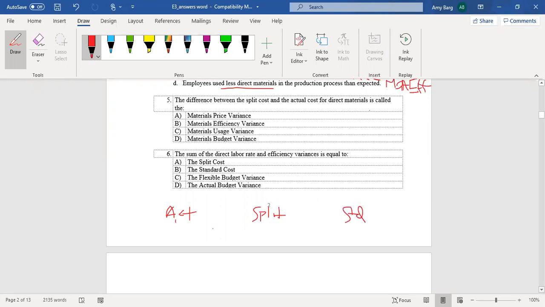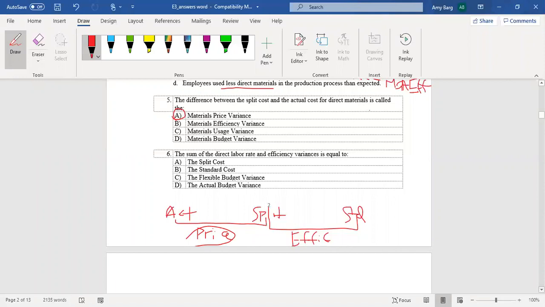We said that the difference between the actual and the split cost was a price variance, and the difference between the split cost and the standard cost was the efficiency variance. So it's asking, what's the difference between the split cost and the actual cost for direct materials? That is the materials price variance.